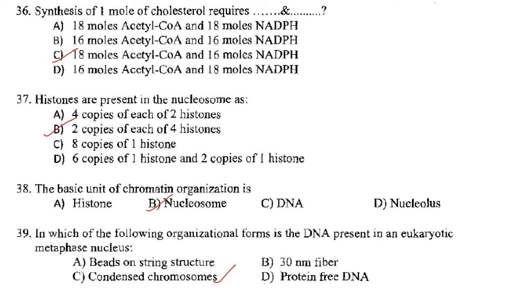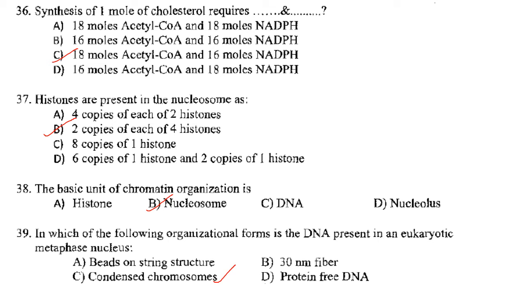Synthesis of 1 mole of cholesterol requires. So 1 mole of cholesterol requires 18 moles of acetyl-CoA, 36 moles of ATP and 16 moles of NADPH. So the answer here is option C, that is 18 moles of acetyl-CoA and 16 moles of NADPH. Answer is option C.